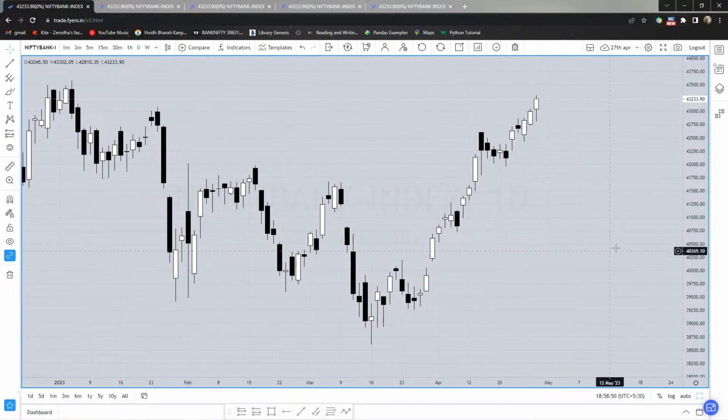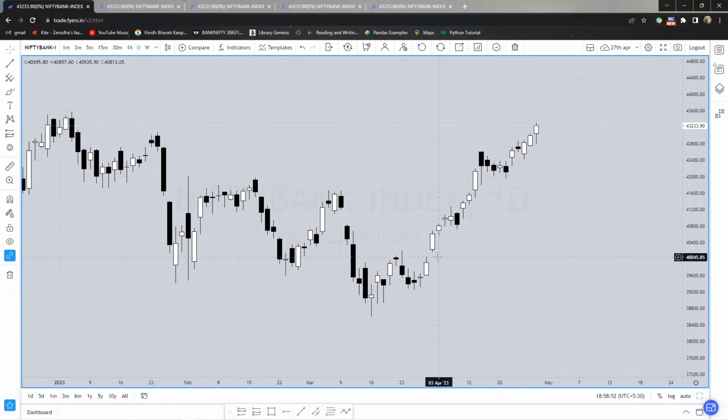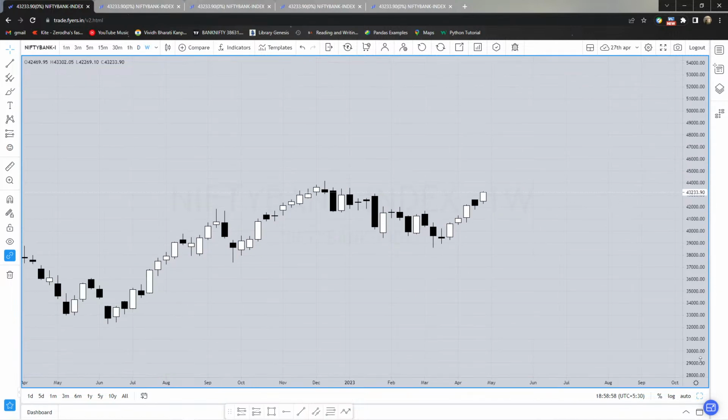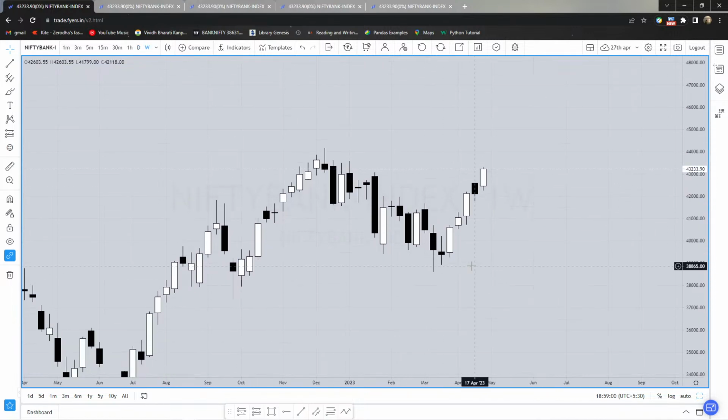The first step is going to the daily chart, and first the weekly chart. So what was going on till then? This is 24th of April.